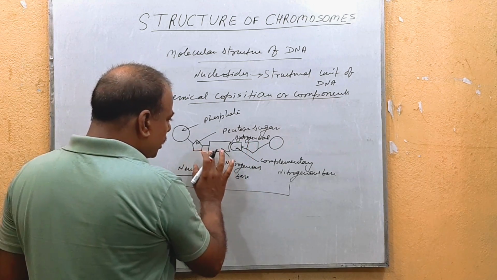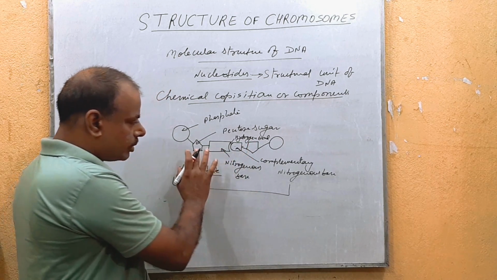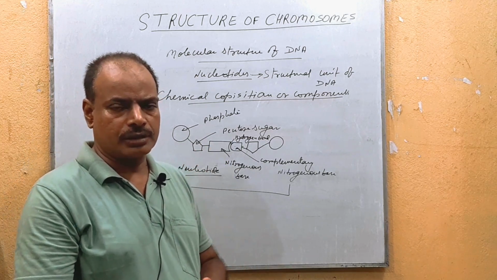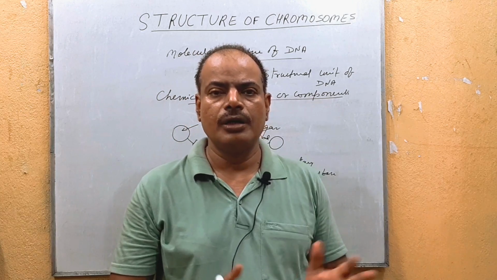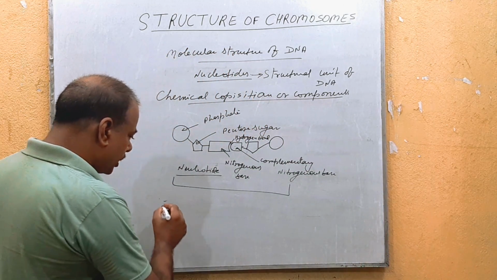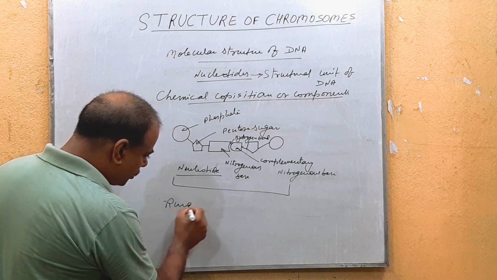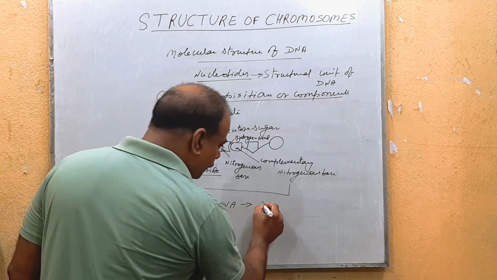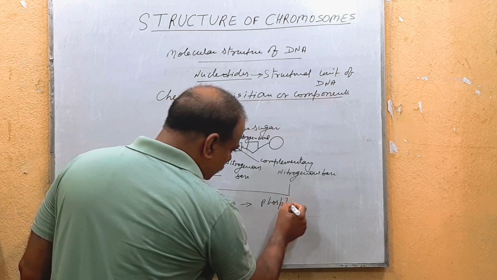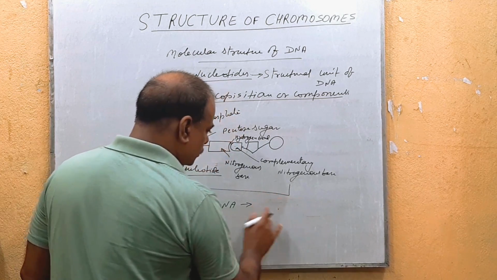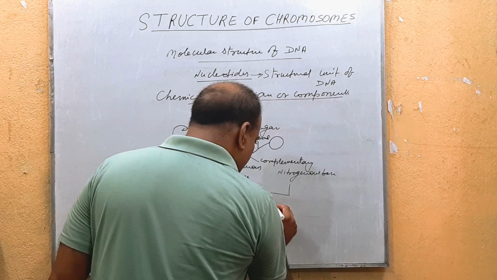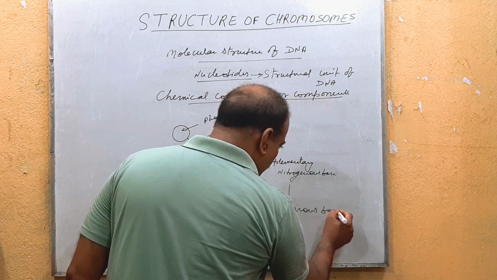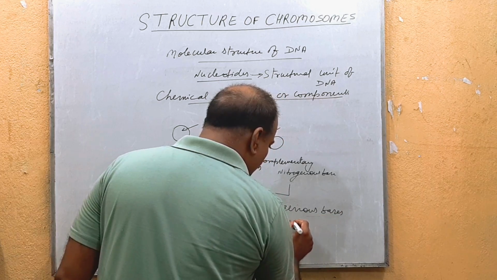Here, the nitrogenous bases along with the hydrogen bond form rungs. So the rungs of DNA are made up of nitrogenous bases and hydrogen bond.